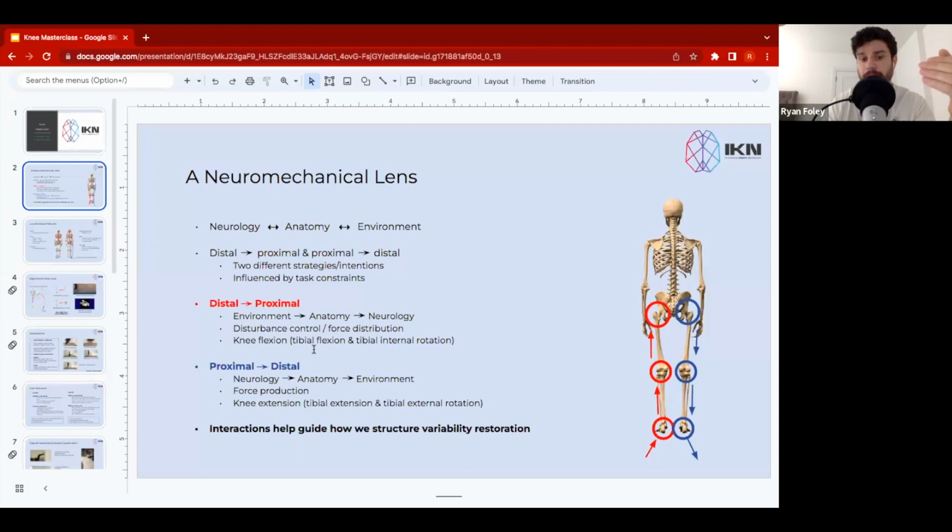Very similar, and we spoke about this recently on our Instagram, to what's happening at the foot and the ankle. If you watch a sprinter running 100 meters as fast as they can, they don't want to spend too long on the ground. So you're not going to see them sink into a lot of dorsiflexion, but they still need to manage the collision with the ground.